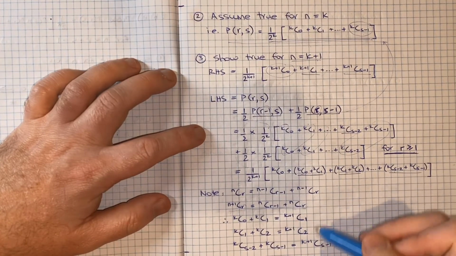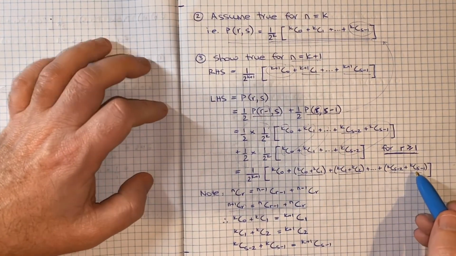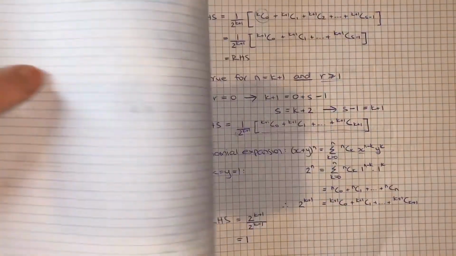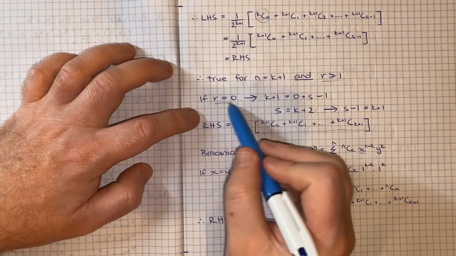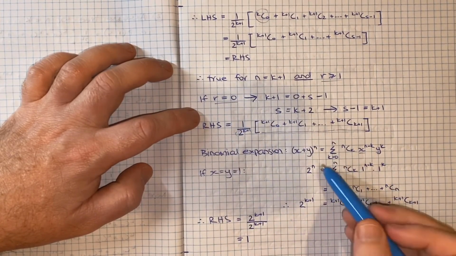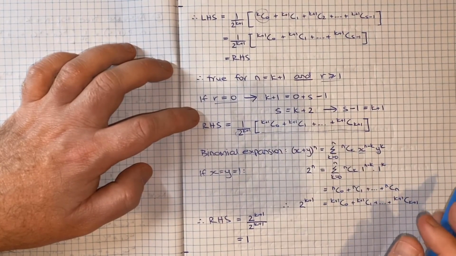You know, using these Pascal's results to simplify this. I don't think all students would necessarily get their head around that. And then remembering to do it for r equal to 0 and making use of this binomial expansion. I think a lot of students would probably just miss that altogether.